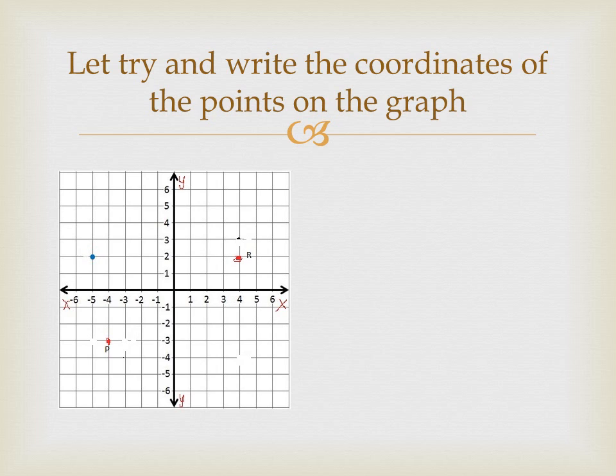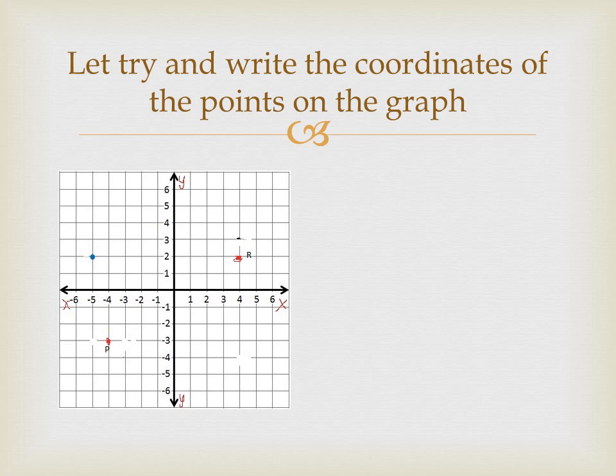Now let's come to the point P. The point P to the x-axis is -4 and to the y-axis is -3. So the point P is -4 and -3.